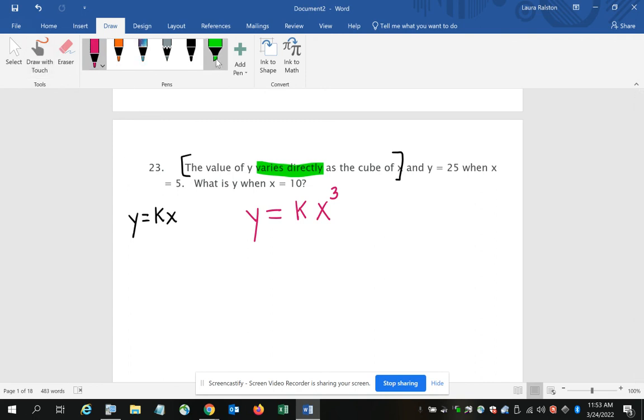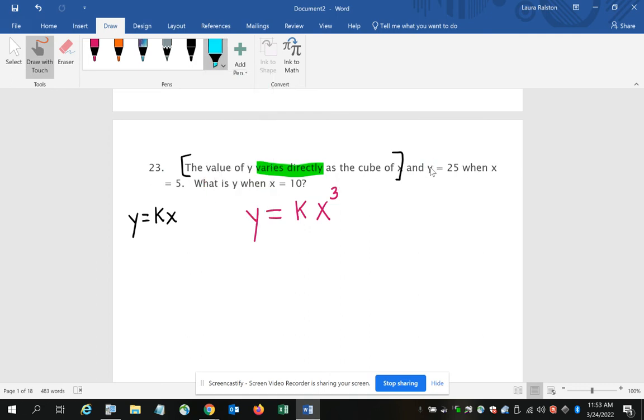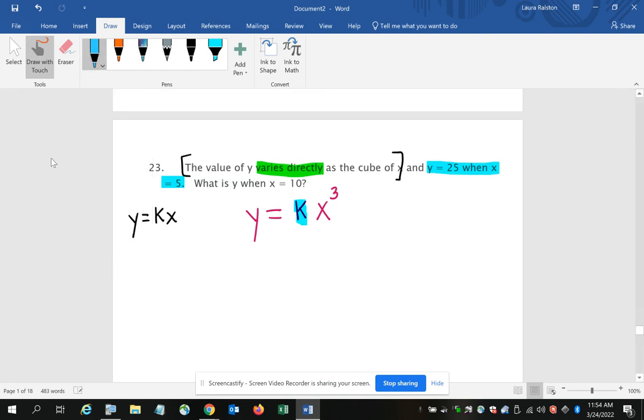I then need to use the other piece that's given here, and y is 25 when x equals 5, to determine my value for k. So they give me an initial relationship, and I'm going to plug and chug into that to find my k, my constant of variation.